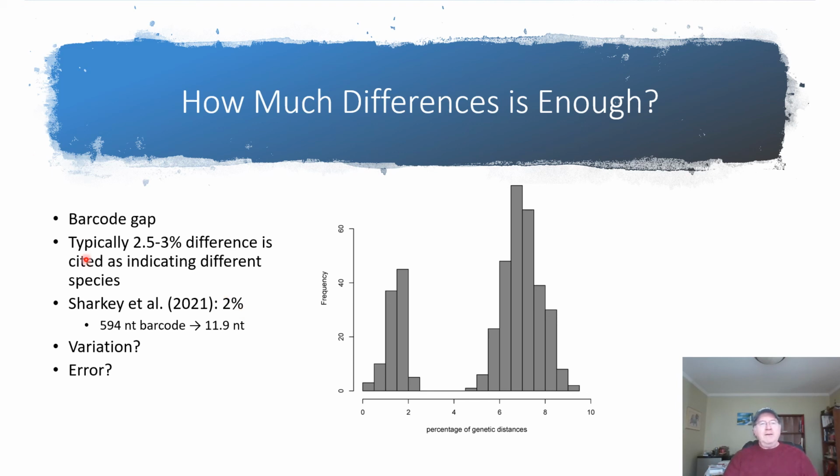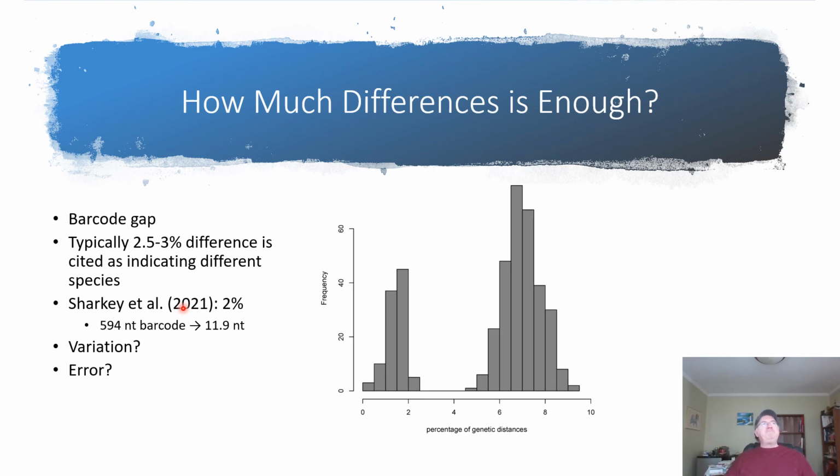But they used that as their threshold. And any specimen that they got that was more than 2% different from any other things, they called a different species. And for that one species whose picture I showed you, that was a 594 nucleotide barcode. A 2% difference would be about 12 nucleotide differences.